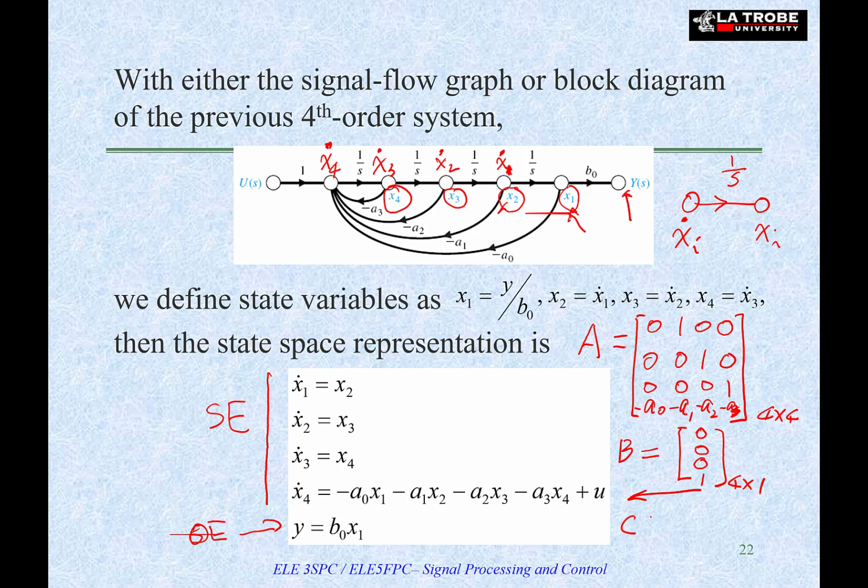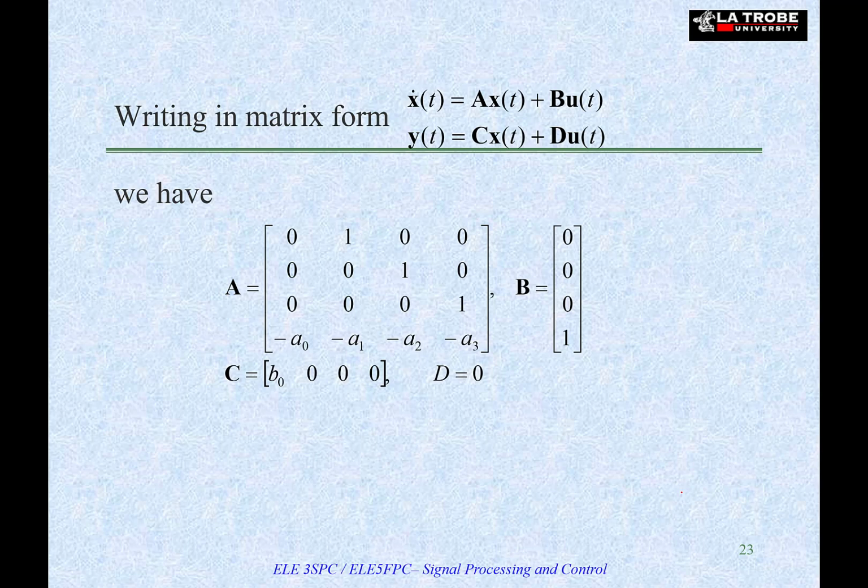And matrix C for this SISO system becomes a row vector. It also follows a special format because it is a canonical form. Matrix D is 0. There is no direct link between the input and output. So these are the matrices to represent this state variable model.